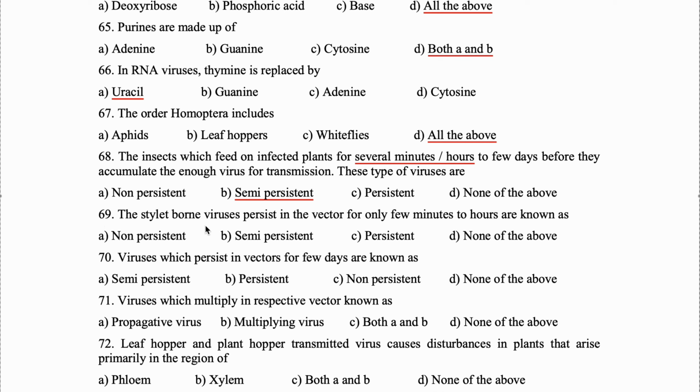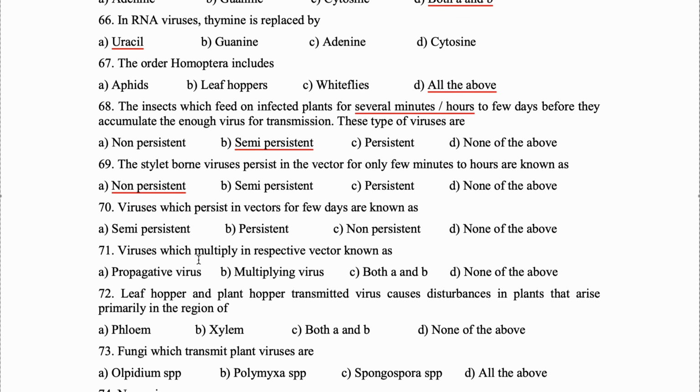The stylet borne viruses persist in the vector for only a few minutes to hours are known as non-persistent. One such reason that you can tell it is non-persistent is because they are stylet borne. If instead of stylet borne, they would have asked foregut borne, it would have been semi-persistent.